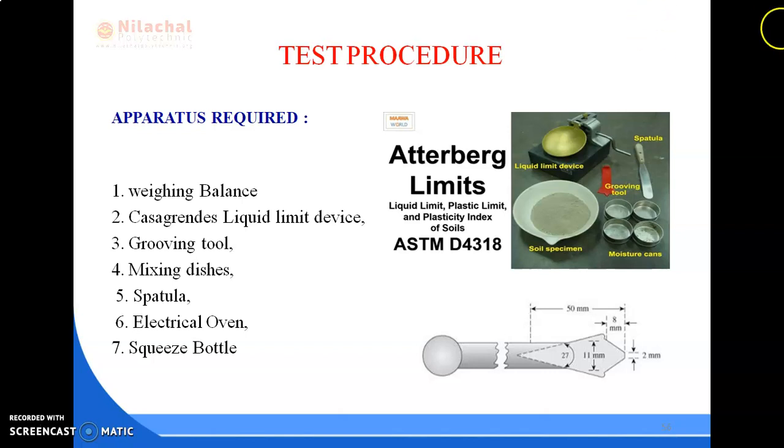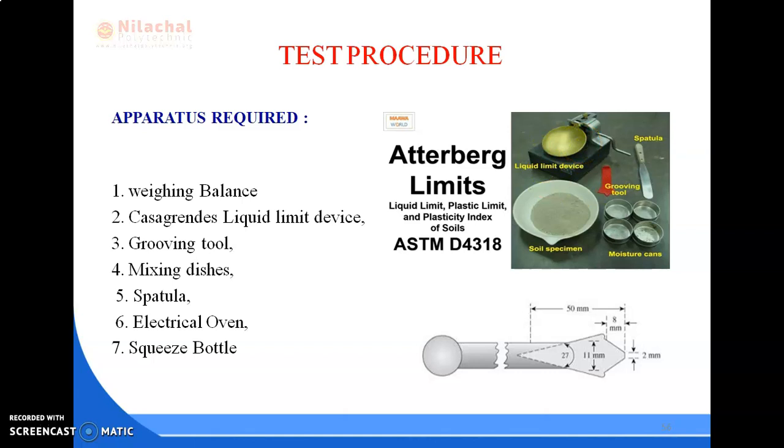This is the brass cup, and this is the handle. The brass cup can be raised and lowered to fall on the rubber base with the help of a cam operated by a handle, which we have to rotate manually.